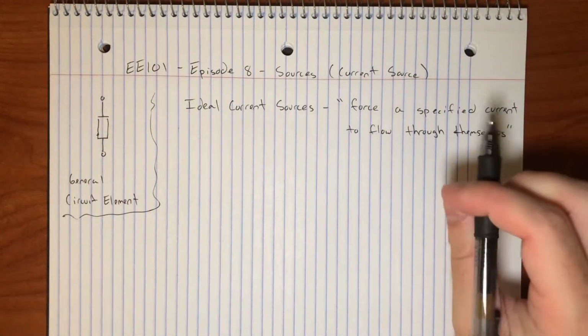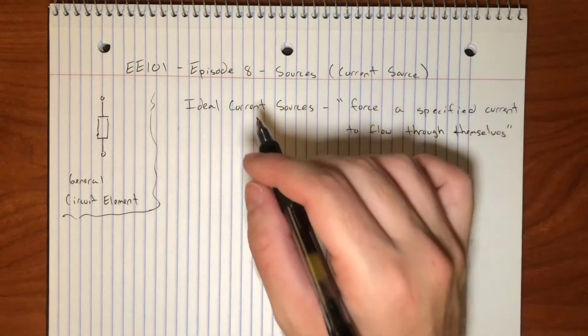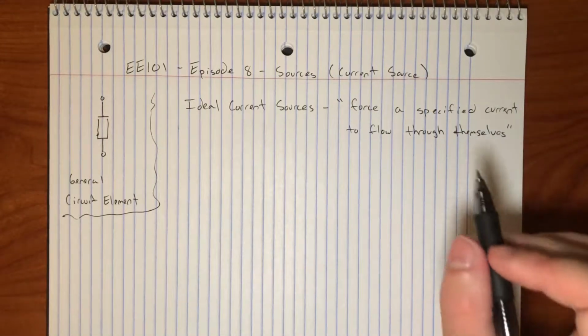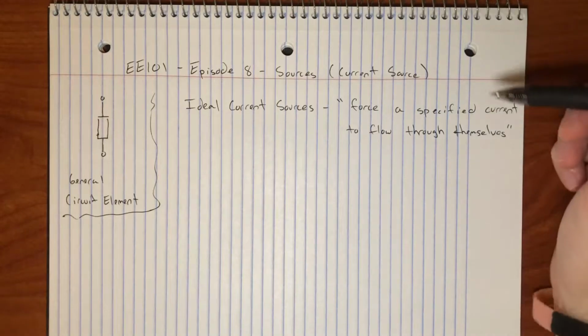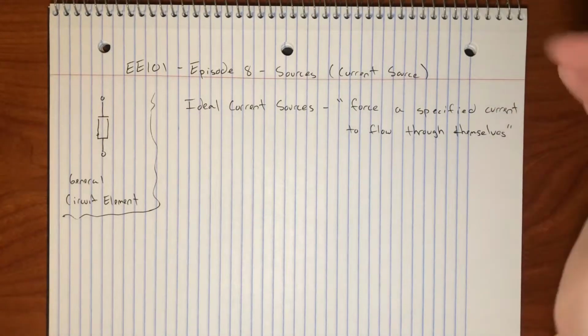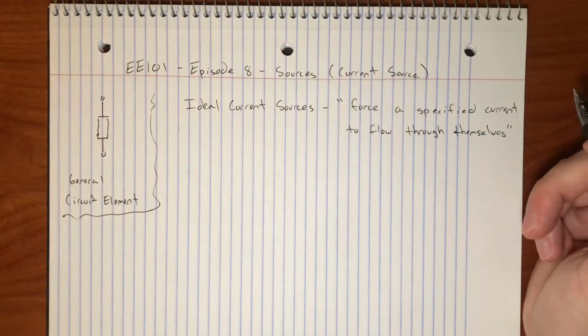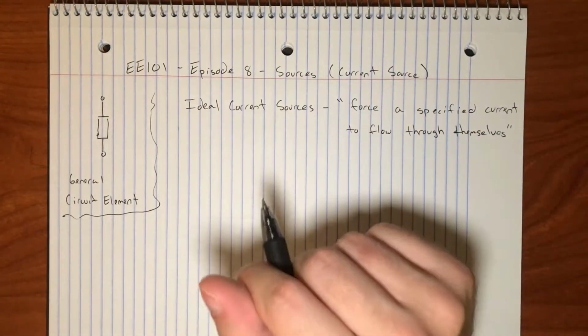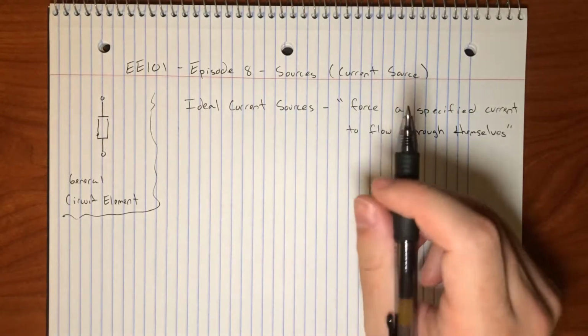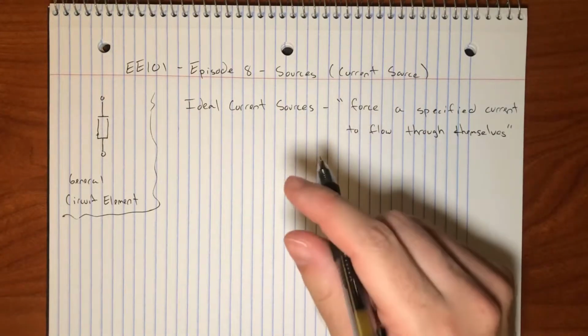And much like the definition of the ideal voltage source, this is regardless of the circuit elements you attach to the source and regardless of the voltage that appears across the source. So you can see the parallels between the two ideal sources. They both do exactly what they're supposed to do regardless of the circumstances that you employ them in.